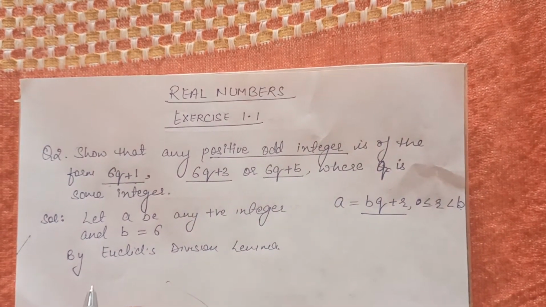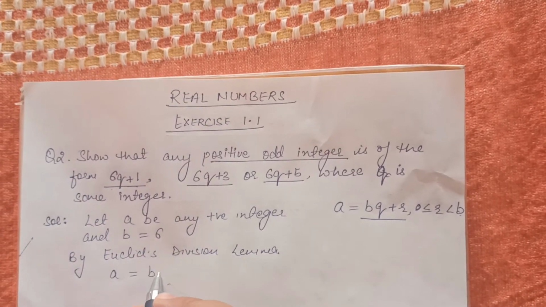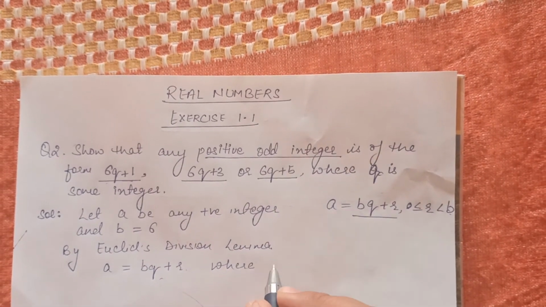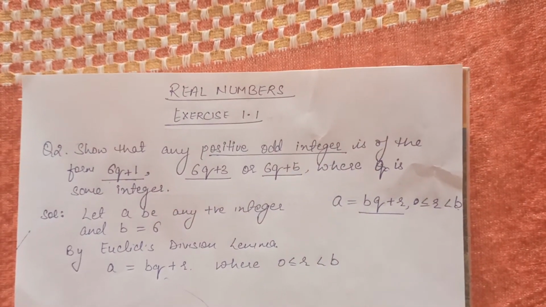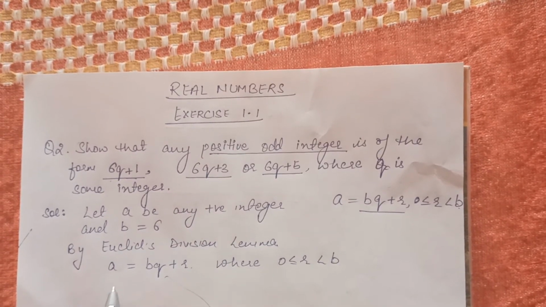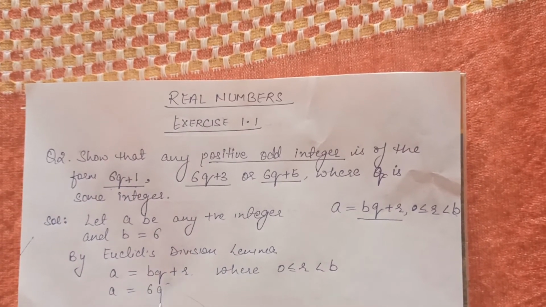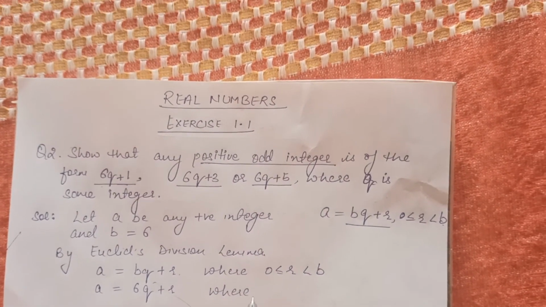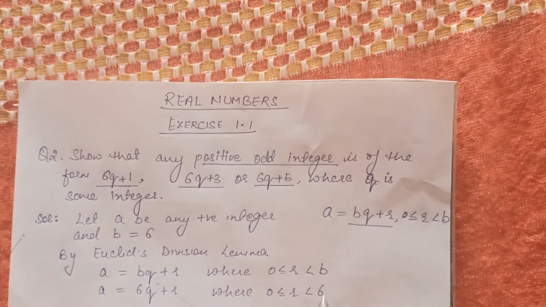We can say that a equals bq plus r, where 0 is less than or equal to r is less than b. Now look here, b is 6. So let us put this value. So a equals 6q plus r for this question, where 0 is less than or equal to r is less than 6.